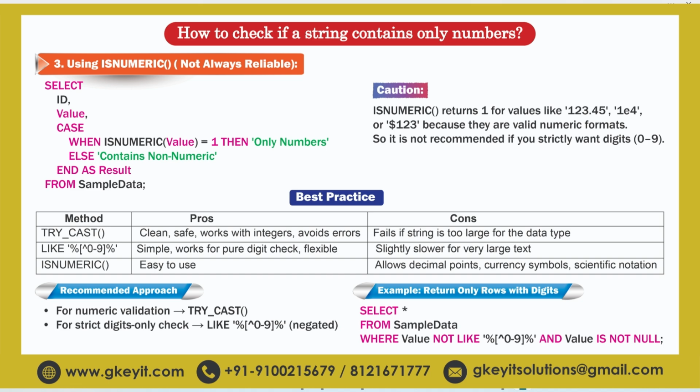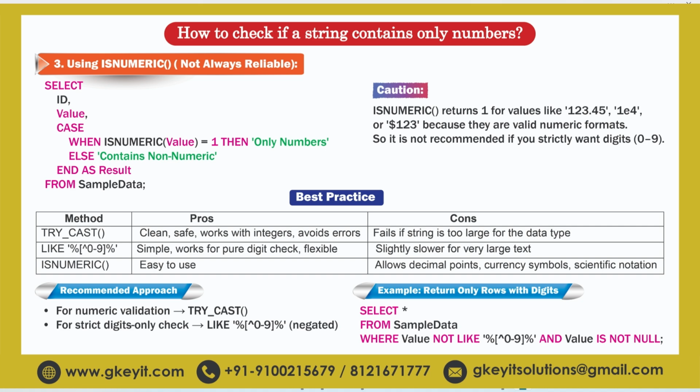Coming to the best practices. TRY_CAST function: the pros are that it is clean, safe, works with integers and avoids errors. The con is that it fails if a string is too large for the data type. Next, LIKE with wildcards and numbers not in 0 to 9: the pros are that it is simple, works for a pure digit check, and is flexible as well.